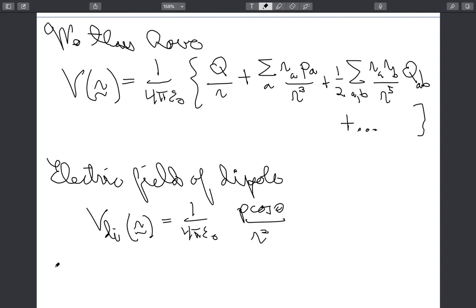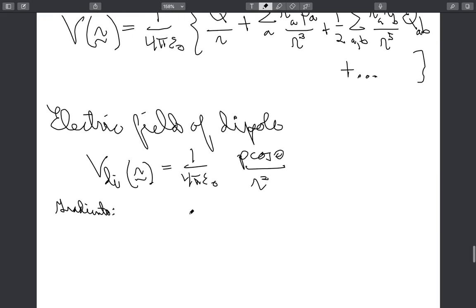So if we take the gradient, we can compute what that is. When we take the gradient of the potential, we get the electric field. So E r is equal to minus dV dr. So this is 1 over 4 pi epsilon 0 2p cos theta over r cubed.